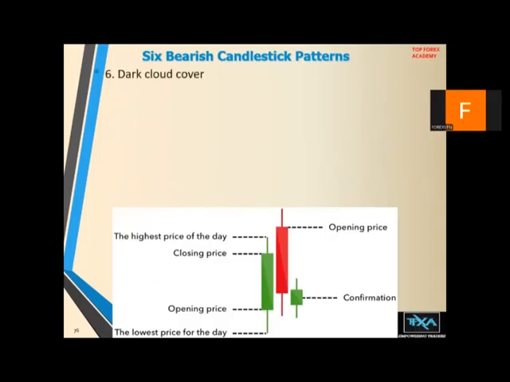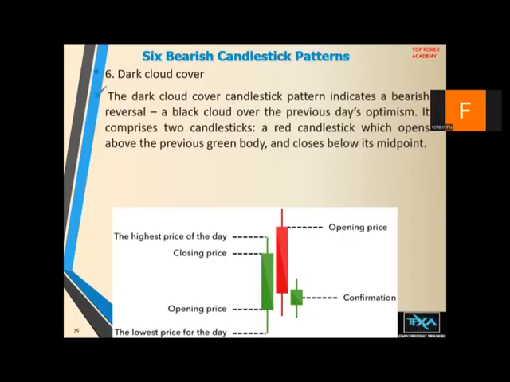The next is the dark cloud cover. We can see how the dark cloud cover plays out. This candlestick pattern indicates a bearish reversal. A dark cloud over the previous day's optimism.